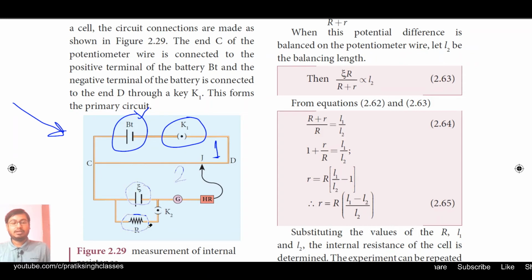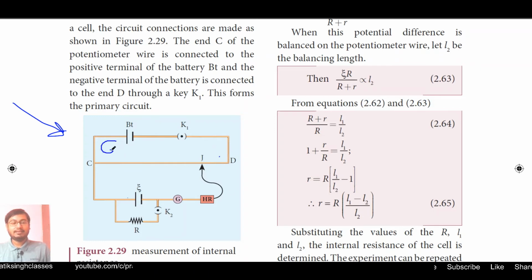Now see, when we switch on the switch K1, current will flow through the primary circuit. Suppose K1 is switched on and K2 is switched off, in that situation current will flow in the primary circuit in an anti-clockwise direction, as well as in the secondary circuit also.